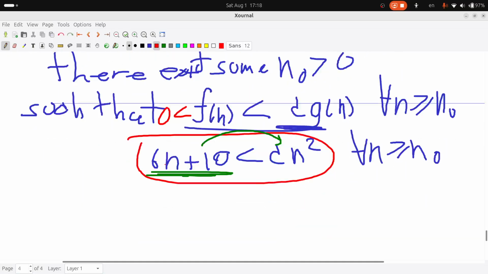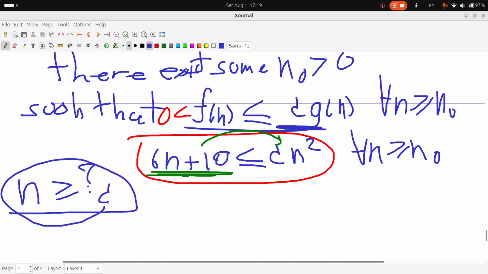For this equation, we have to find n greater than something, for constant c. We have to write this equation.